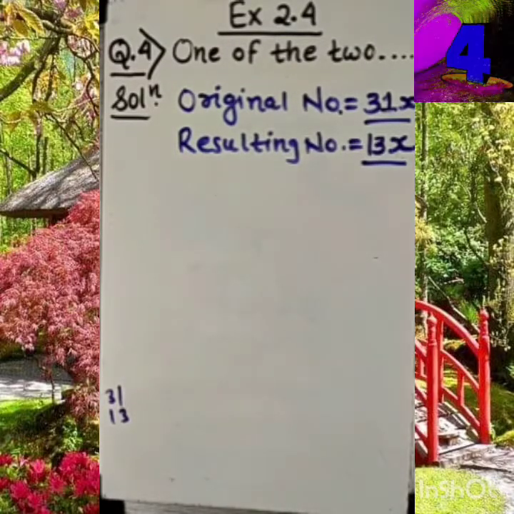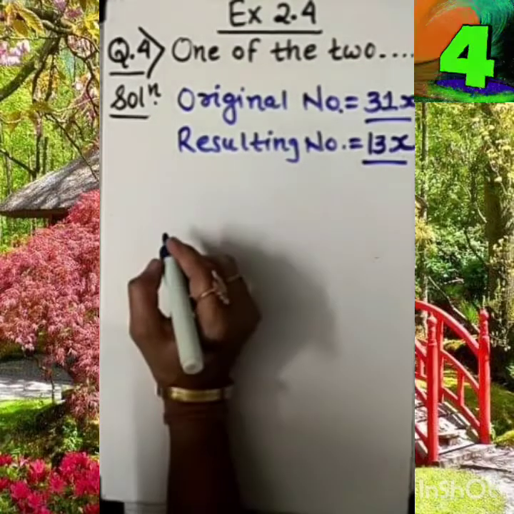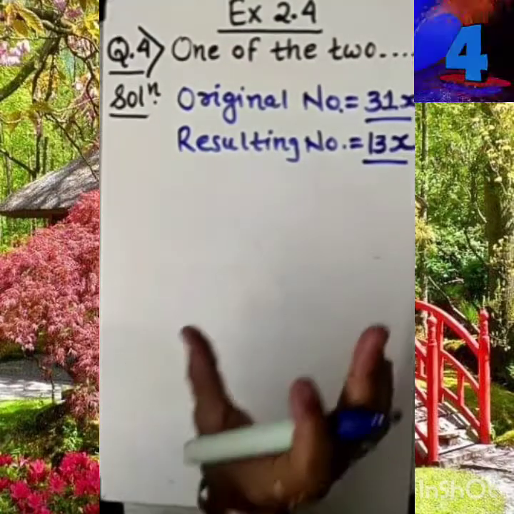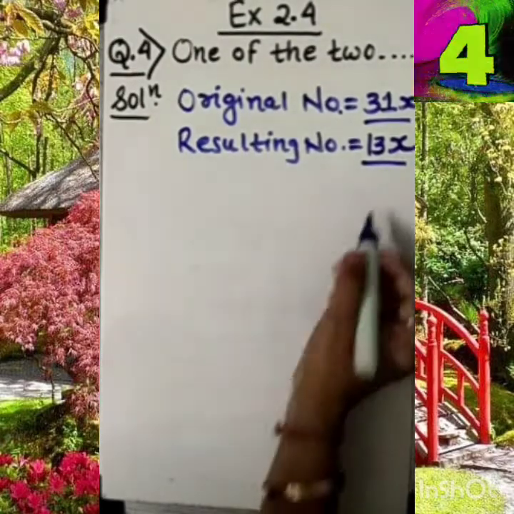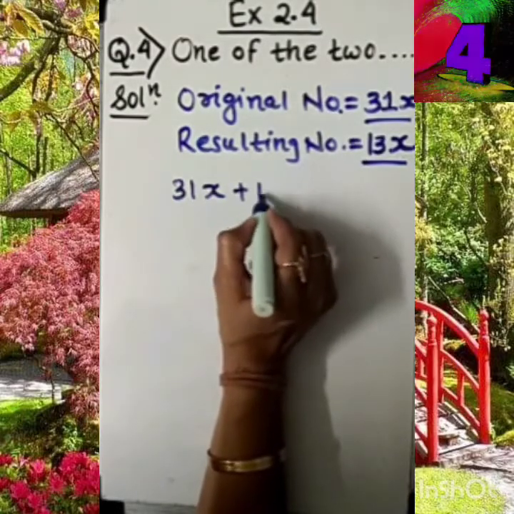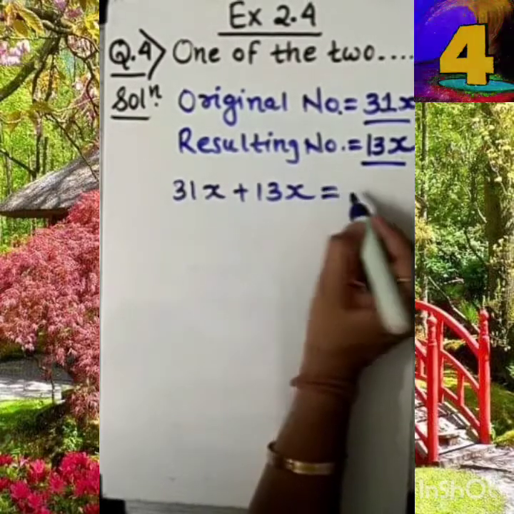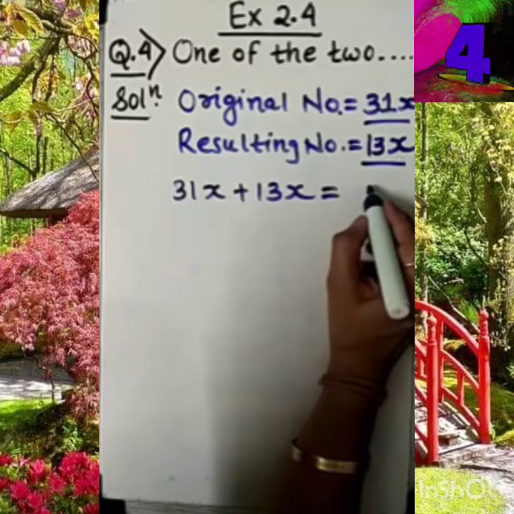Okay. Now let's try to form an equation. According to that, we are given to add both the numbers. Adding the numbers means 31x will be added to the resulting number 13x. The sum of this is coming 88, what we are given.